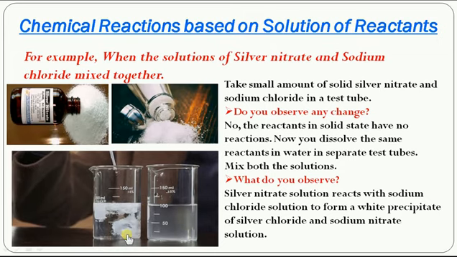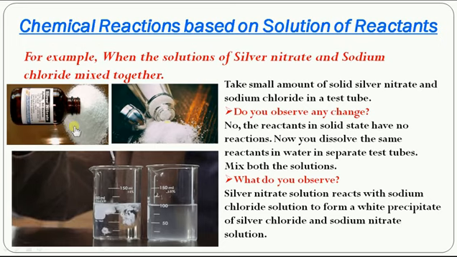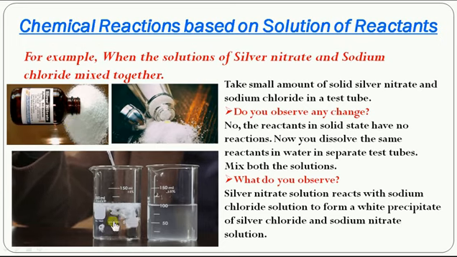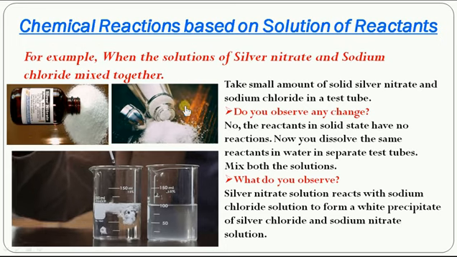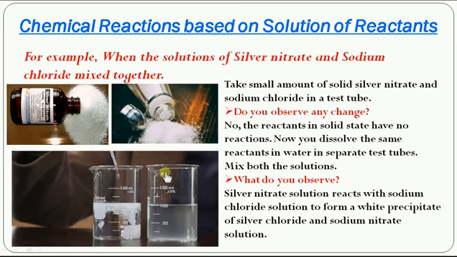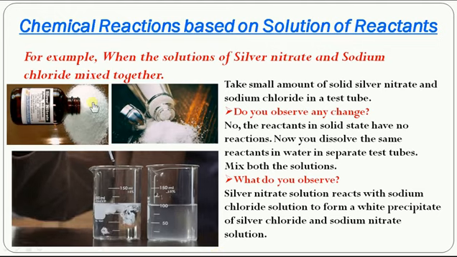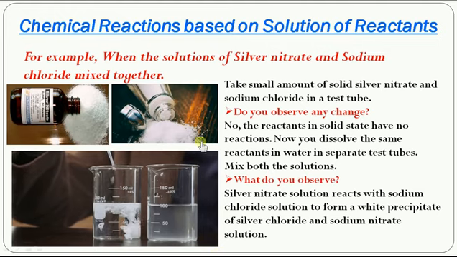This is nothing but silver chloride. So what you have observed is that in the solid state, the reaction does not happen, whereas once you form the solution of silver nitrate and the solution of sodium chloride and mix them together, the reaction happens. If you want to learn in depth, the ions present are fixed in the solid state.